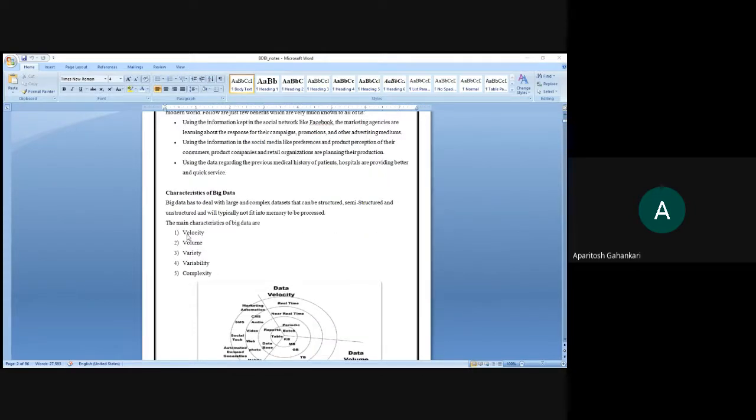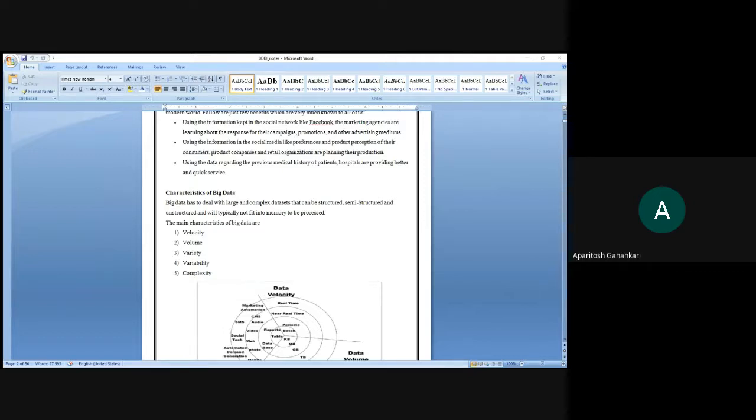Velocity means the speed of the data which is getting generated is really huge. As we discussed in last lecture, a huge amount of data is getting generated with the help of YouTube or smart city projects, having mounted cameras all over the streets.